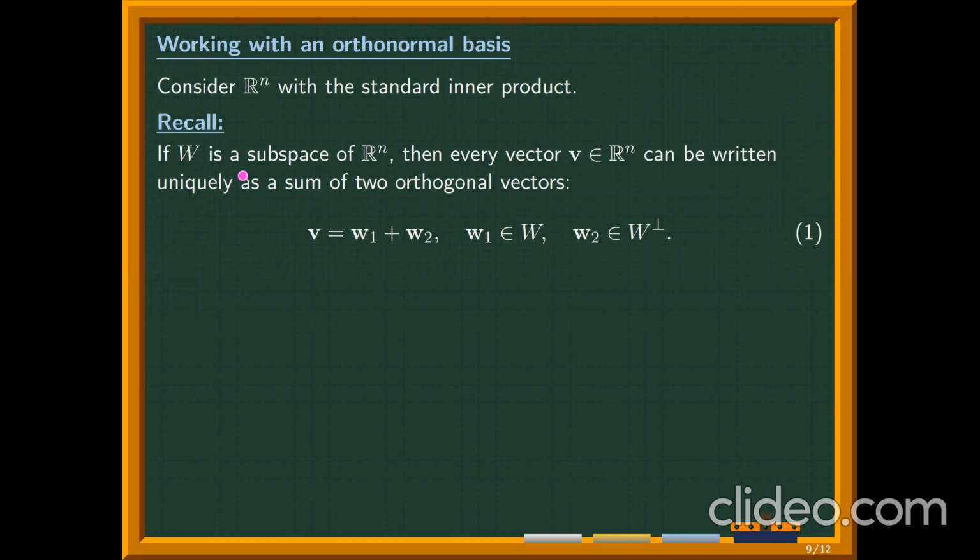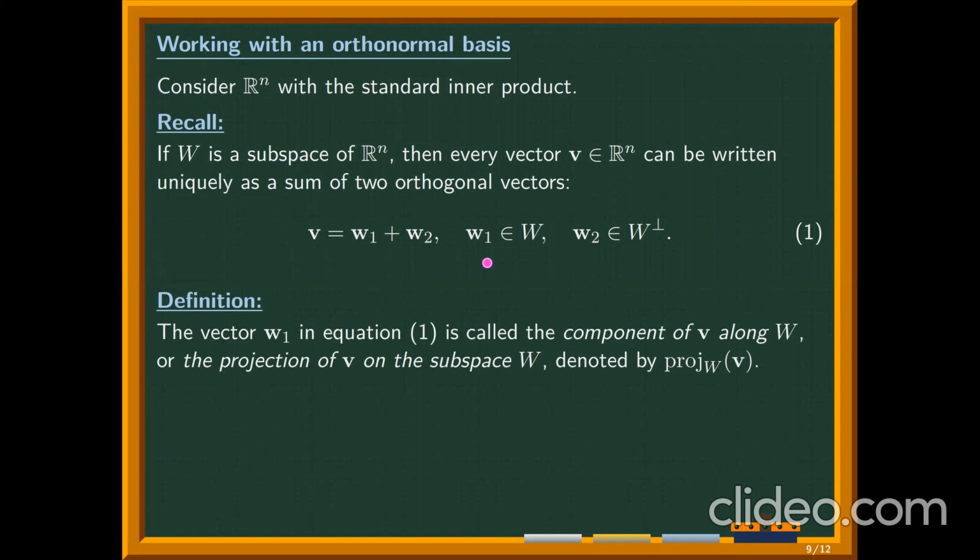Recall from the last video that if W is a subspace of Rn, then every vector in Rn, say v, can be expressed uniquely as a sum of two orthogonal vectors, one from W, the other from the orthogonal complement of W. The vector w1 in this equation is called the component of v along W, or the projection of v on the subspace W. And this will be denoted by this symbol.